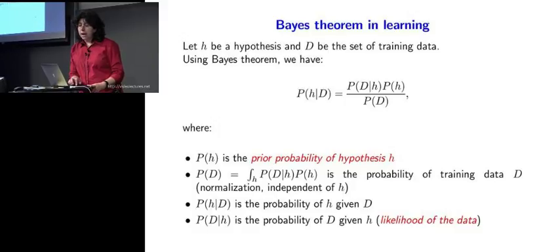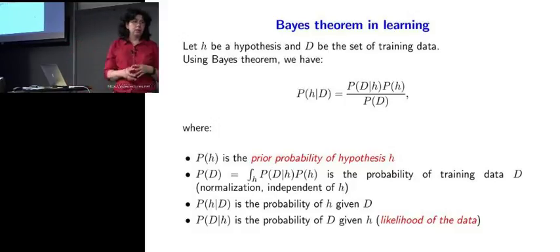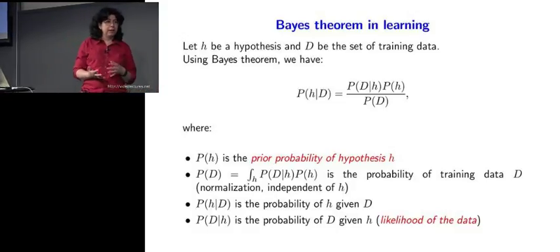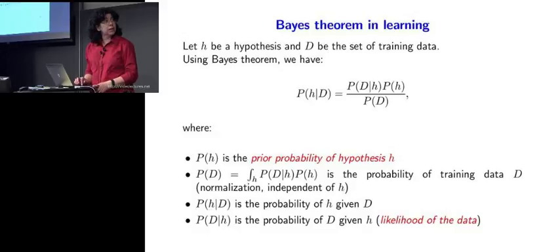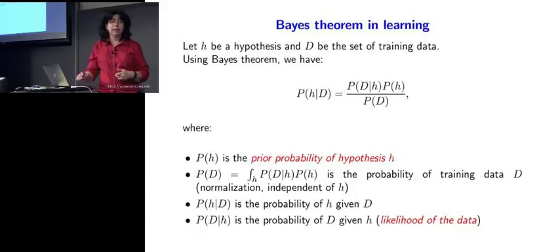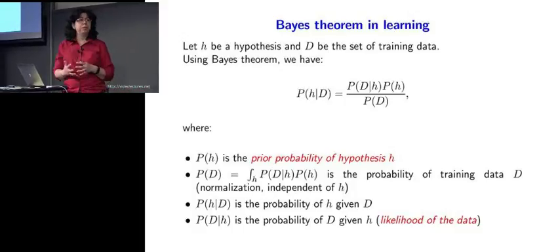This is an interesting thing to ponder. It's trivial to write down, but the meaning of these terms is actually nice. P(H) is the prior probability of the hypothesis H, and P(D|H) says that given the hypothesis, I have some probability for the data set.